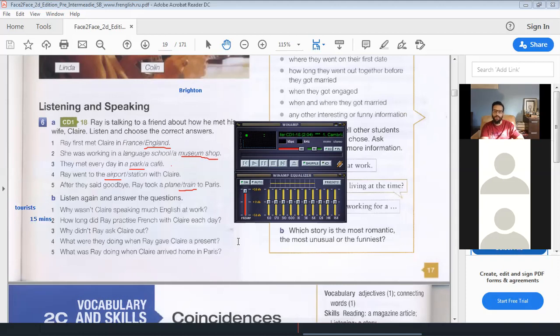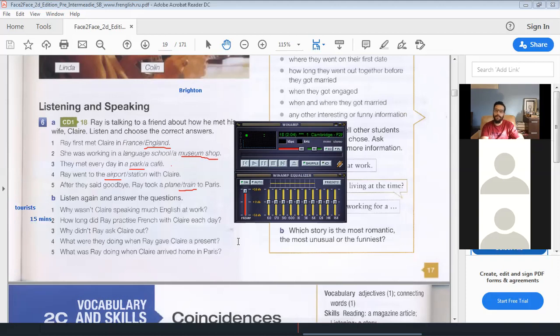And the last one, what was Ray doing when Claire arrived home in Paris? Maybe he was crying. But I think he solved the problem. He didn't have to cry. He did something to help himself so he wouldn't have to cry. I didn't catch it. All right, so no problem.